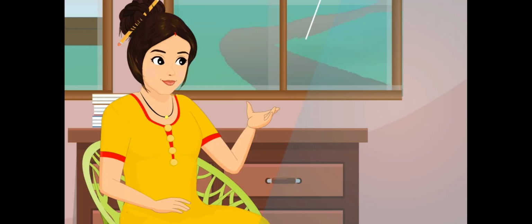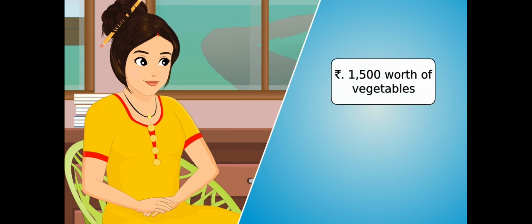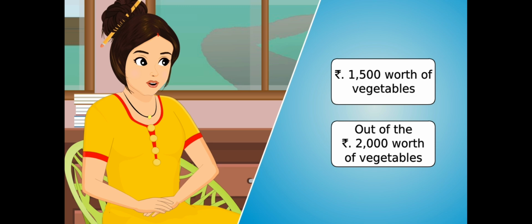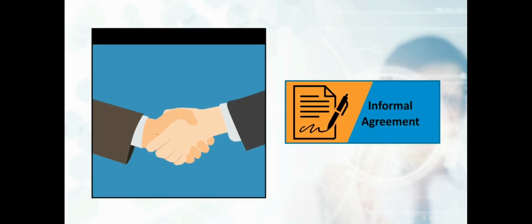Now, suppose he was able to sell only rupees 1,500 worth of vegetables out of the rupees 2,000 worth of vegetables he bought. Also, he has an informal agreement with some of his customers who pay him only once every fortnight. In other words, he offers credit to valuable customers.